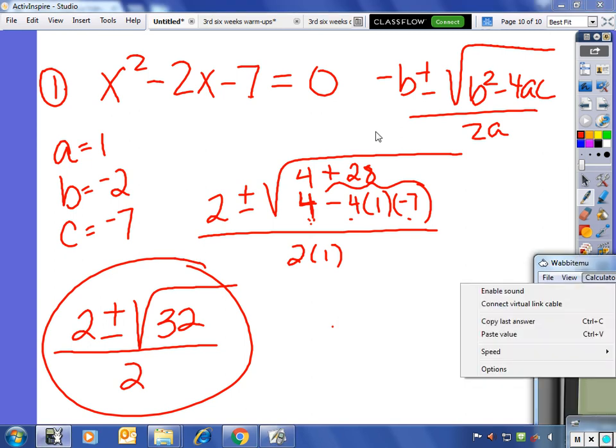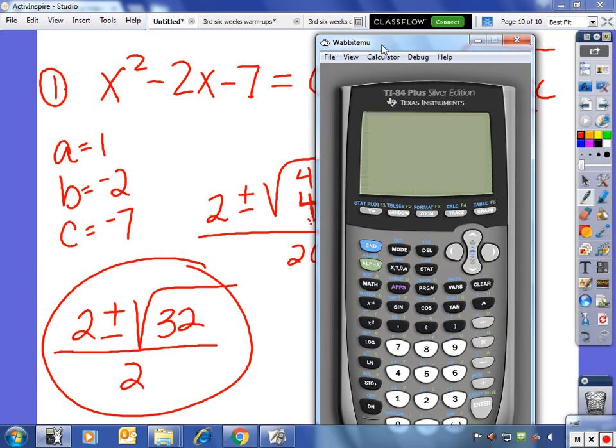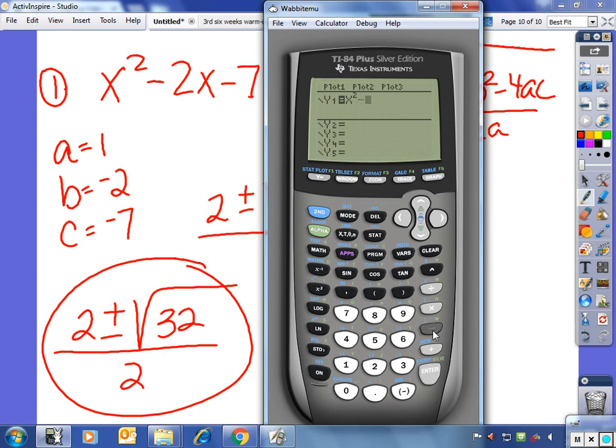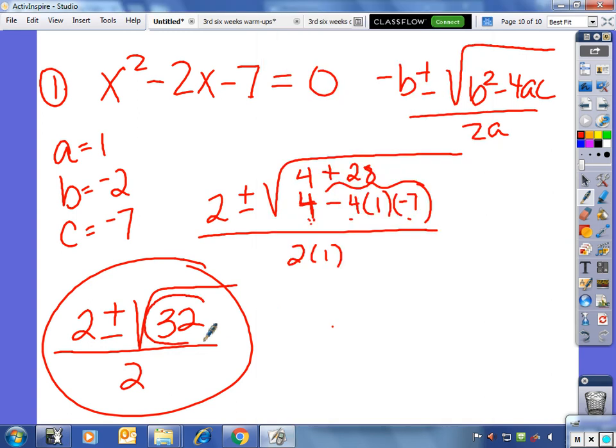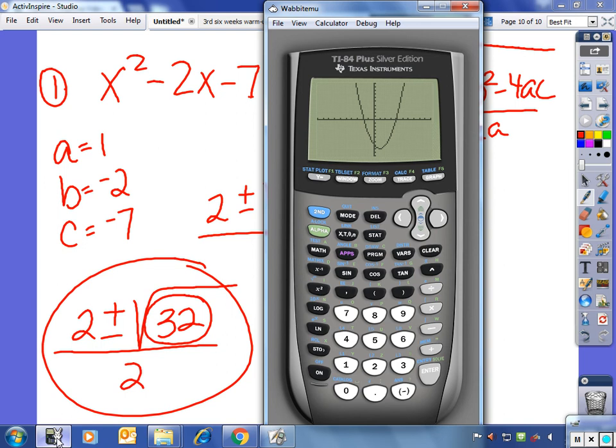Alright, let's look at this thing, which we're getting closer and closer to calculator time. Y equals x squared minus 2x minus 7. If I look at a picture of it, it definitely has 2 roots because this was a positive number. Are they 2 nice whole number roots?